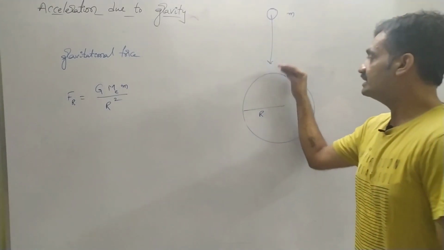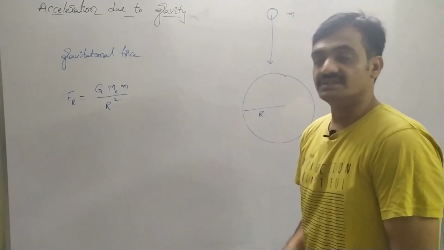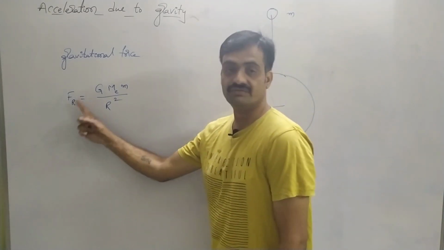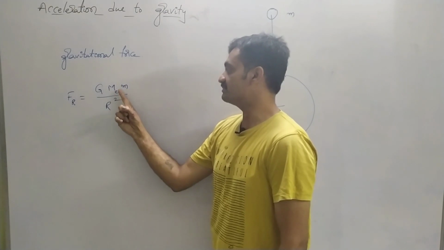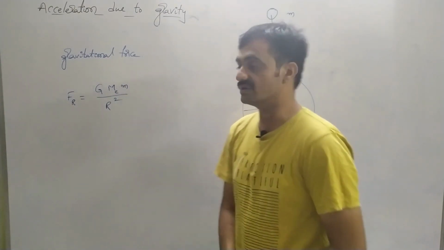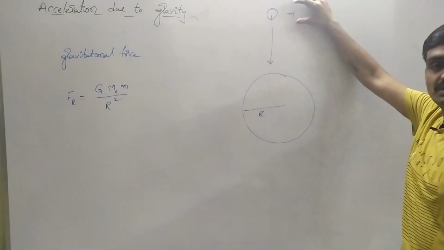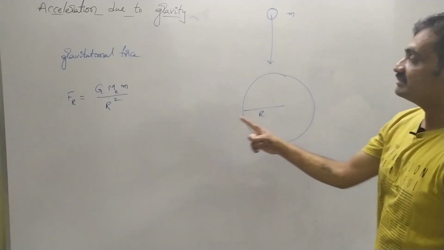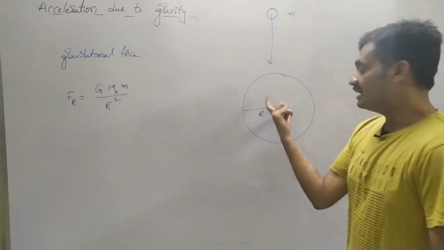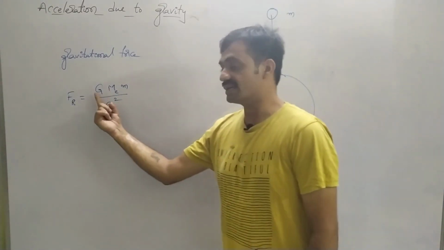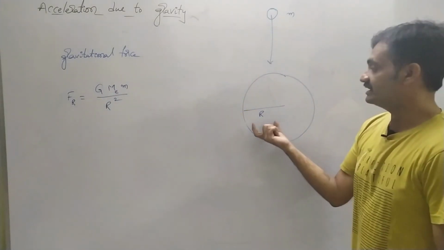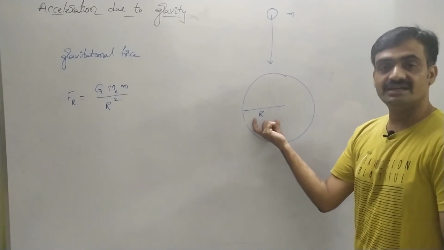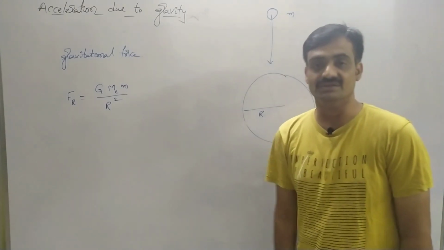When the body is very near to the surface of the earth, the resultant force equation can be represented as F suffix r equals G M suffix E m by r square, where m is the mass of the body considered, capital M suffix E is the mass of the earth, G is the universal gravitational constant, and r is the radius of the earth, which we had discussed in our previous video.